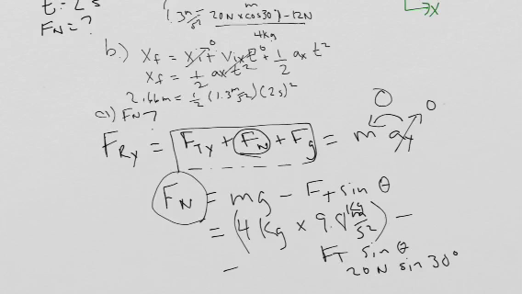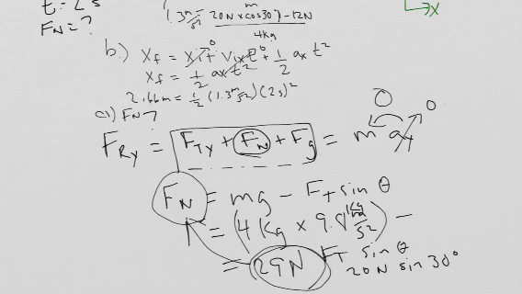You end up with a final answer of 29 newtons. So in reality, the reason that this normal force is smaller than the actual force of gravity, because if you multiplied 9.8 kilogram meters per second squared times 4 kilograms, you would get something much higher than 29.